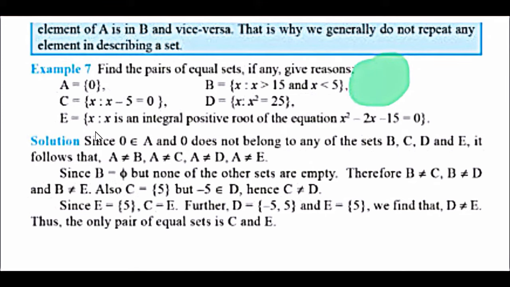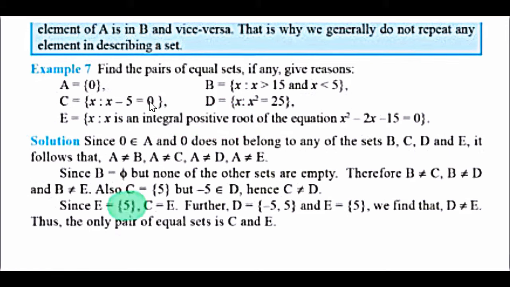And the last one, which is E, is the set of integral positive roots of the equation x square minus 2x minus 15. As you see, you'll get x plus 3 and x minus 5 as the factors, so you'll get minus 3 and 5 as the solutions. And we want only integral positive roots, so it will be only 5. As I just told you, these are the solutions.